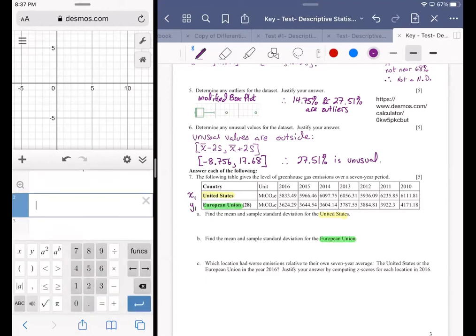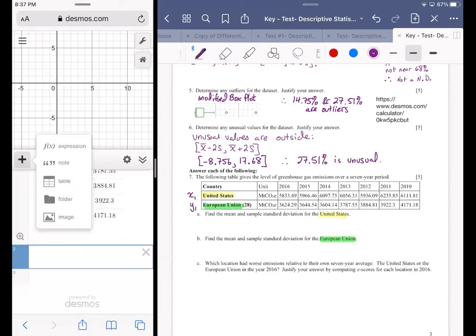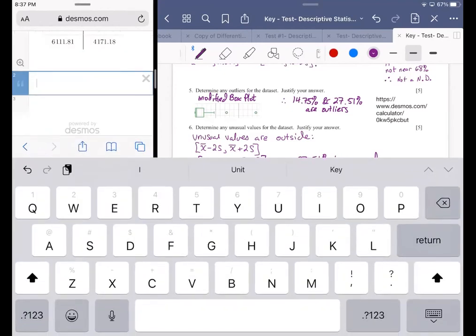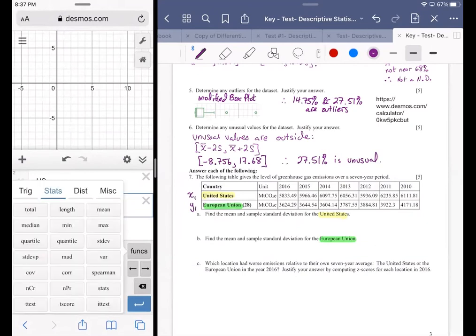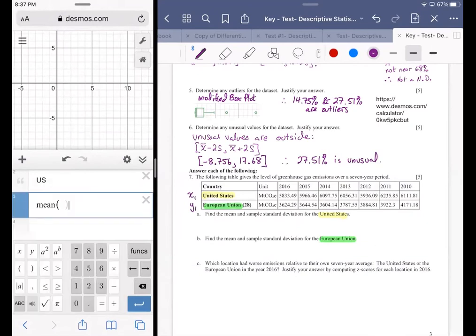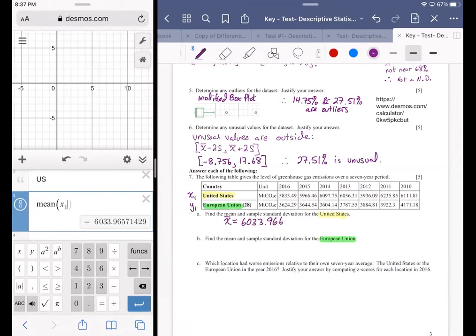I might make a note here that we're working on the US at this point. So then function mean X1. X bar in this case is 6033.966, really, if we round to 3 decimals.